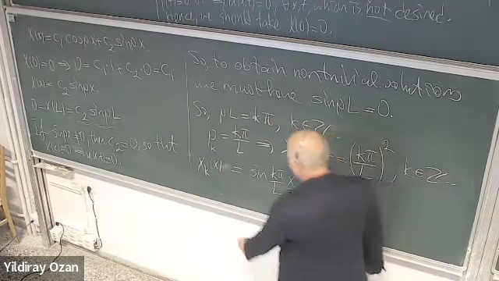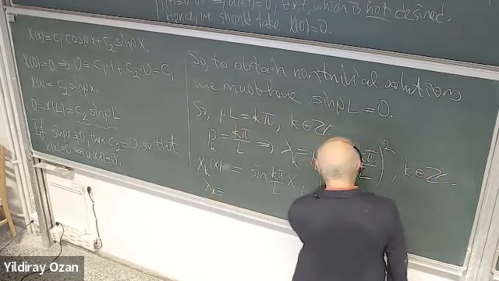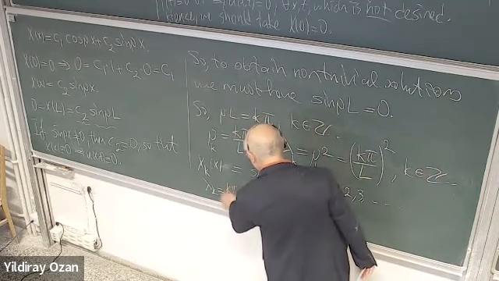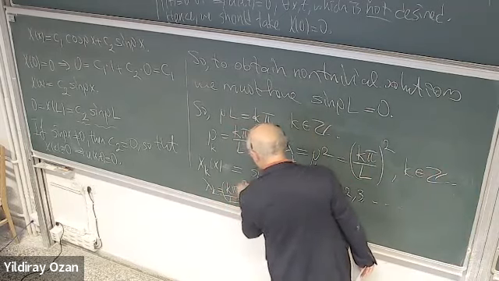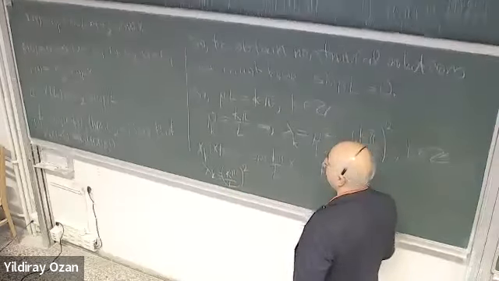And here, for each k, lambda k is just k times pi over L squared. I should keep track of this lambda. Why is that?